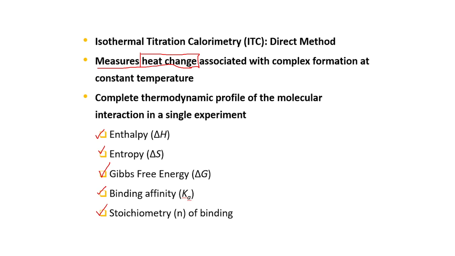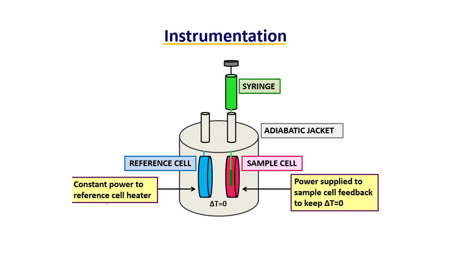Is there only one ligand binding, or several ligands? In which position they are binding, you cannot tell, but the stoichiometry of binding can be gathered from isothermal titration calorimetry.